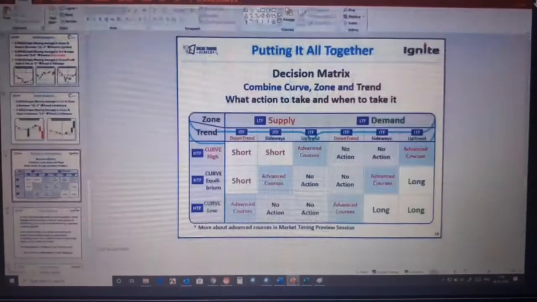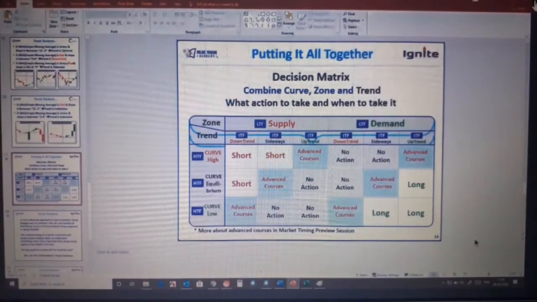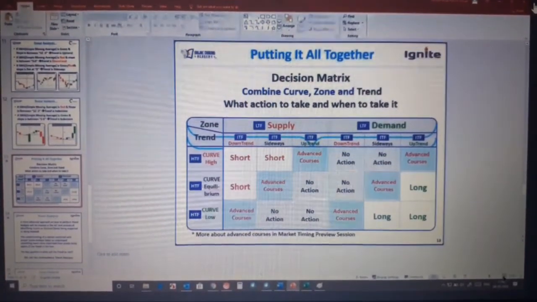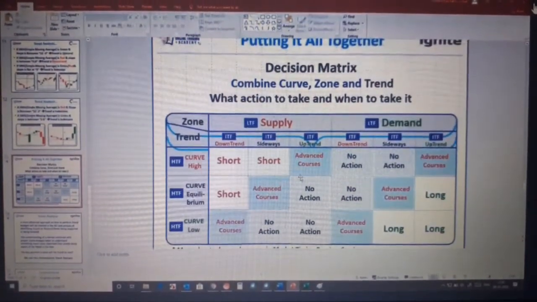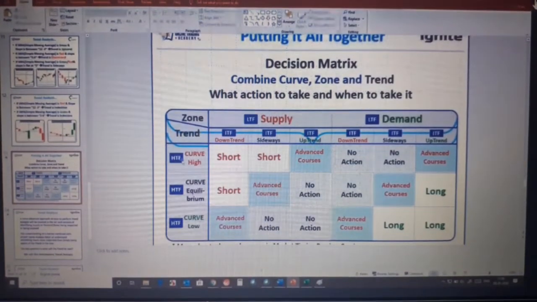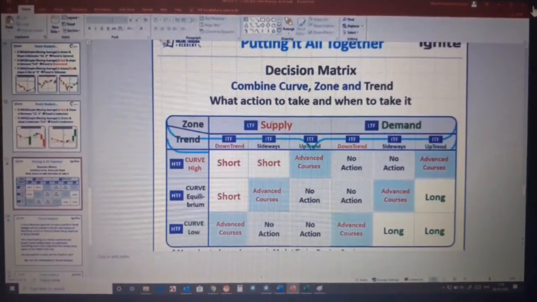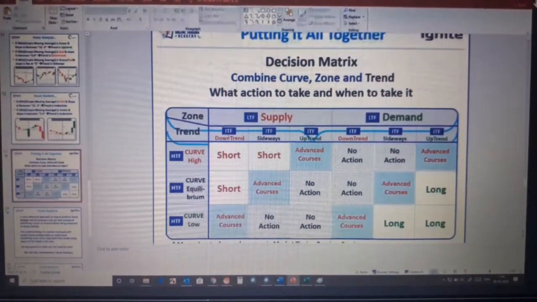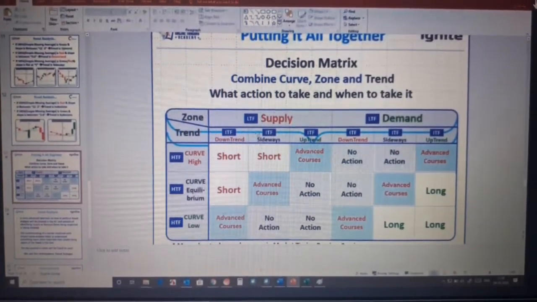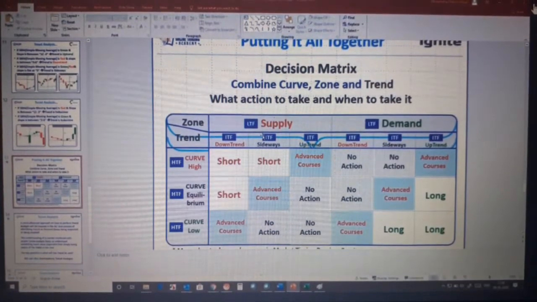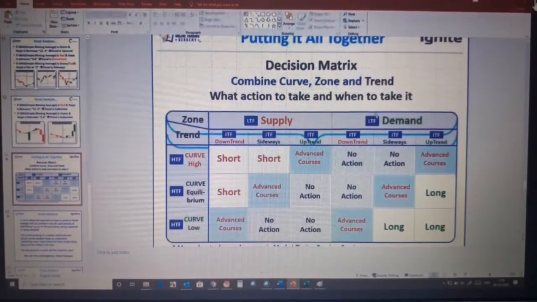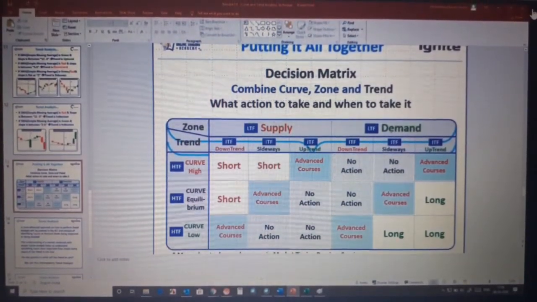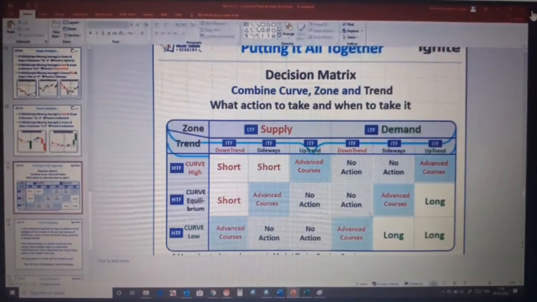Now go and read this decision matrix. Now you will understand this decision matrix. Okay, so high on the curve, lower time frame supply, the trend is downtrend or sideways, you can short. Similarly, the demand zone of the lower time frame is low on the curve or the wholesale pricing area.